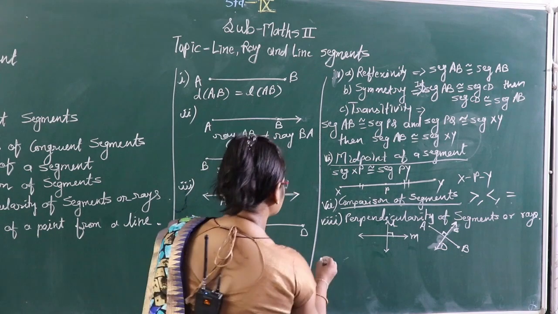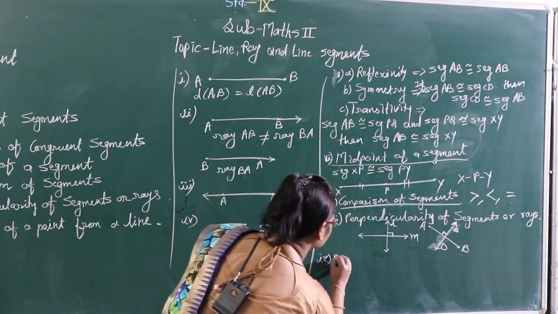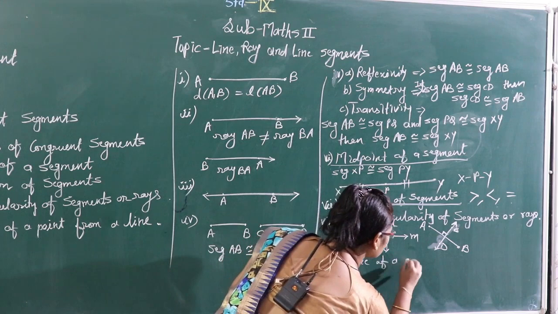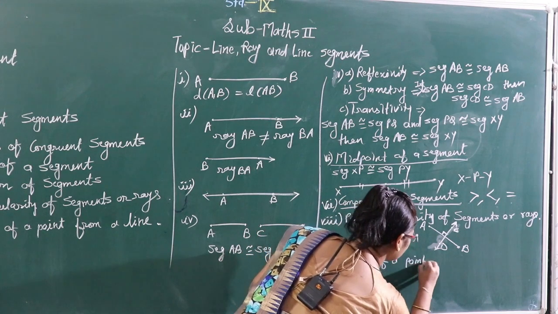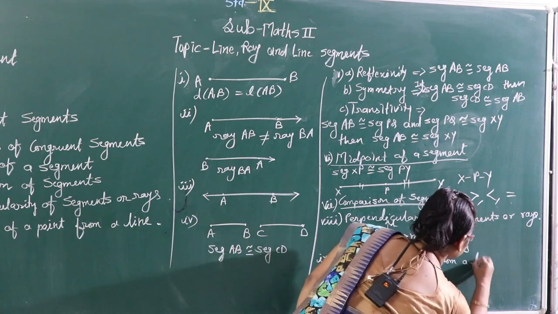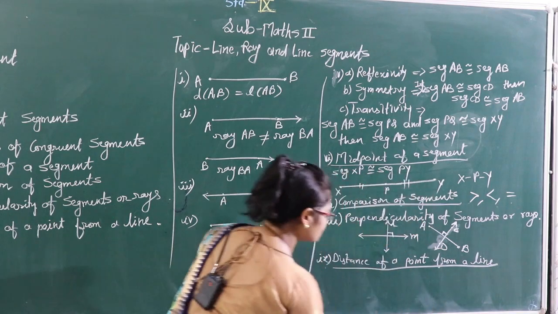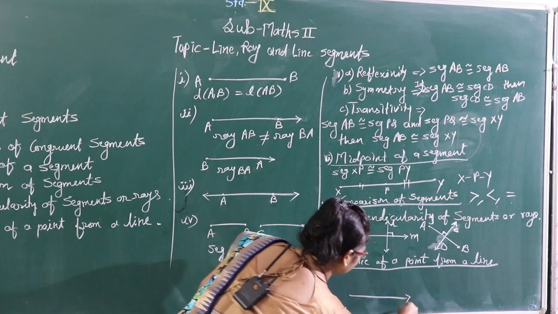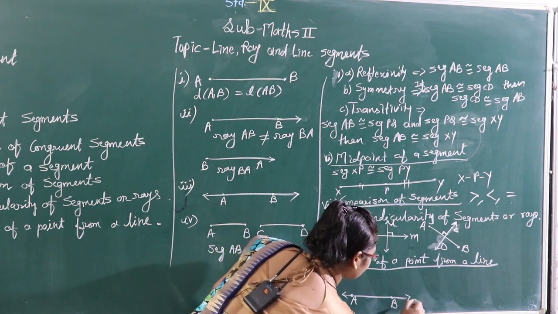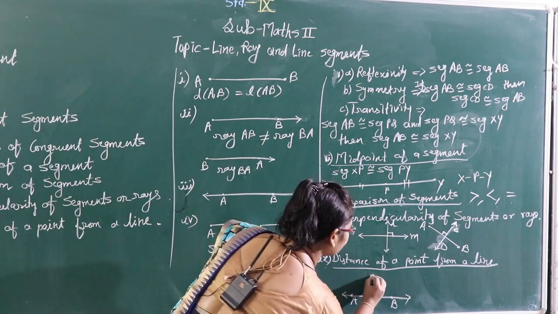Okay. After this, the next term we will see is distance of a point from a line. Suppose we have been given one line, and we have been given one point here.